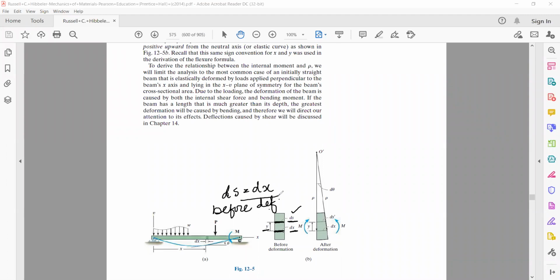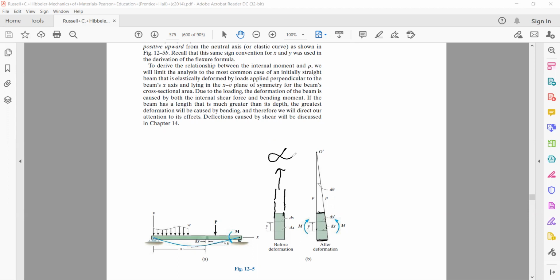But look, this is not the case when you are applying the deforming force. As we apply this deformation force, what happens? The top portion undergoes compression, the lower portion undergoes tension. Initially, if you try to join this plane with this plane, these are parallel to each other, that is, these will be intersecting each other at infinity.